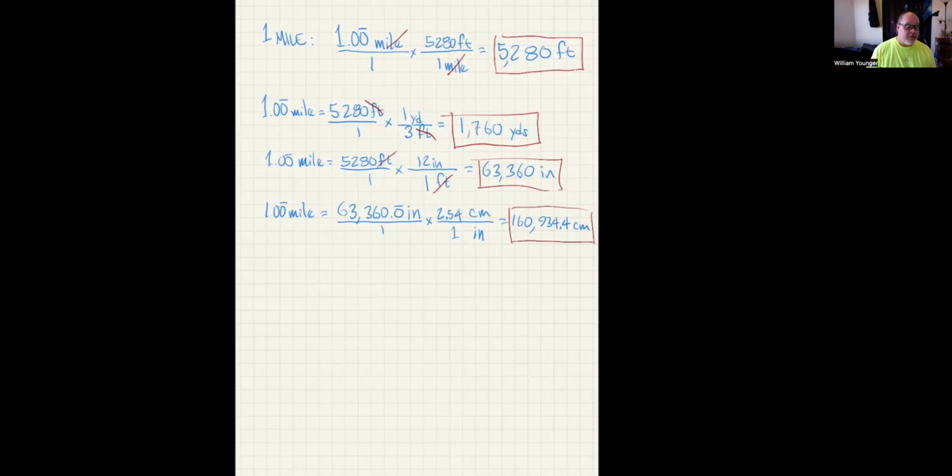Now we want to know, of course, how many meters and then ultimately kilometers. So again, I'm going to start with 1.00 mile is equal to, in this case, and we'll start with the figure we just did, 160,934.4 centimeters.